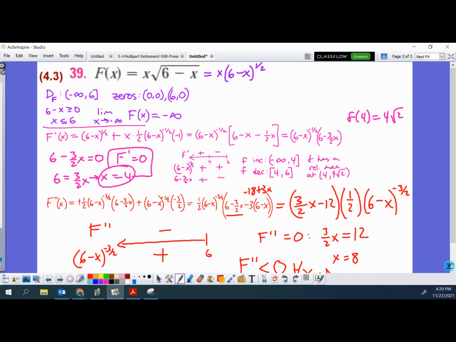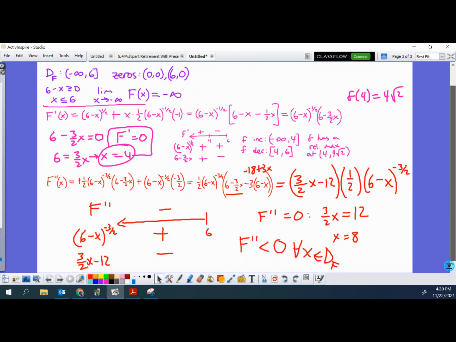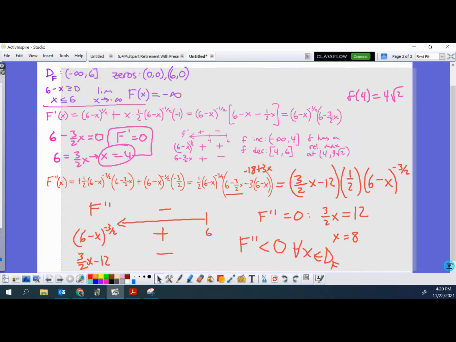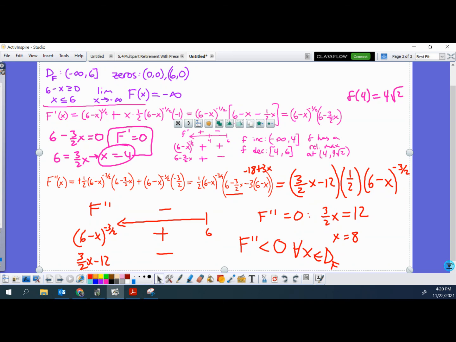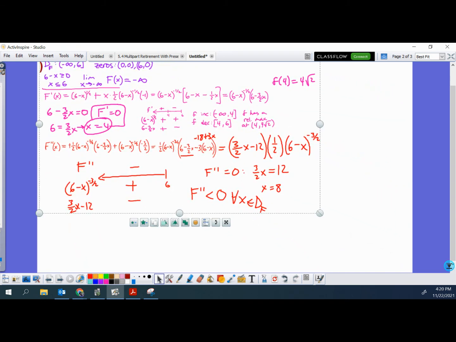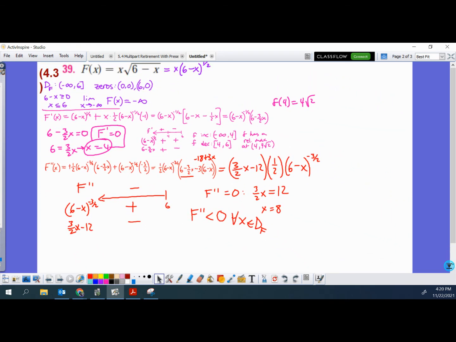All right. With all that in mind, I think I'm ready to graph this thing. So, got a few key points here. I'm just going to go ahead and shrink everything up a tiny bit more so I have a little room to work with. Oh, it doesn't want me to. Okay.